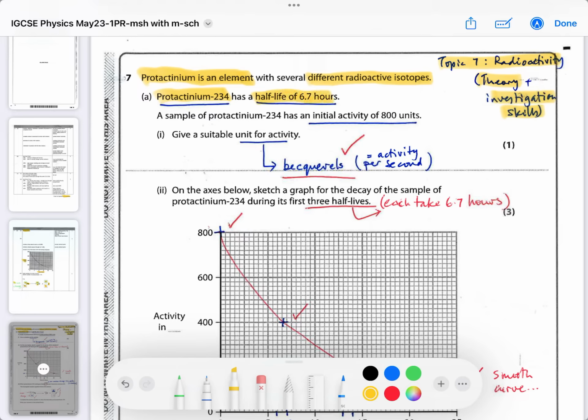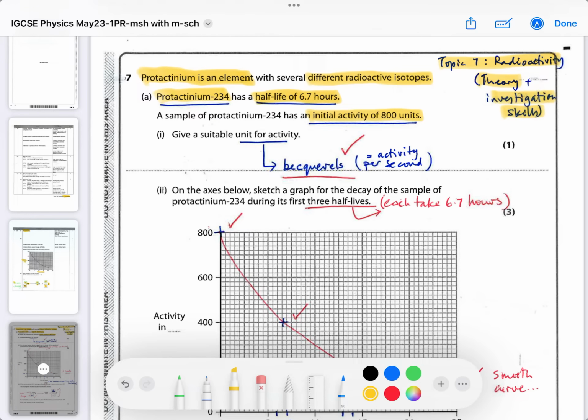Protactinium-234 has a half-life of 6.7 hours, which is how fast it decays. So every 6.7 hours the activity goes down by half as the isotope nuclei decay. A sample of protactinium-234 has an initial activity of 800 units, okay?